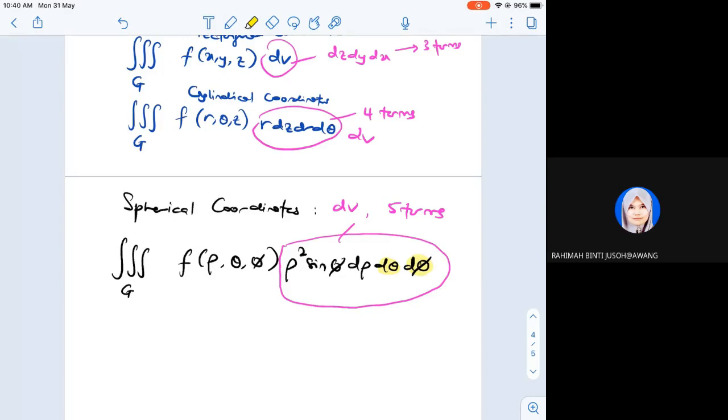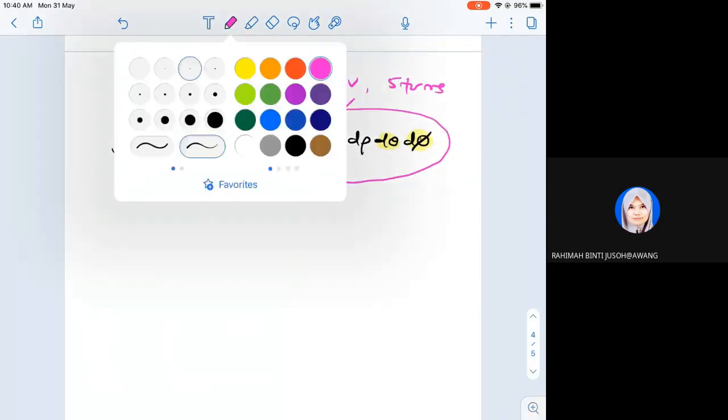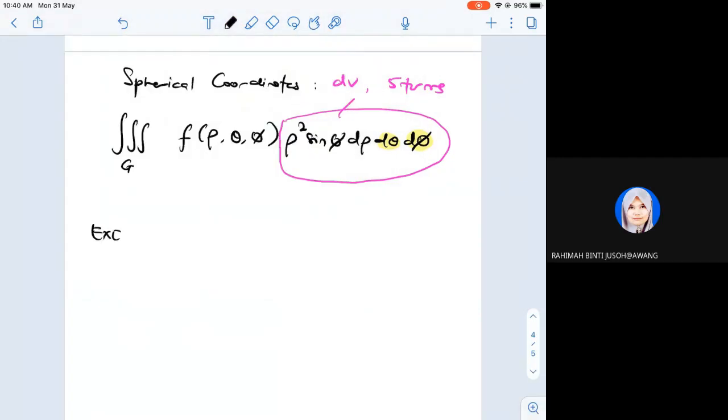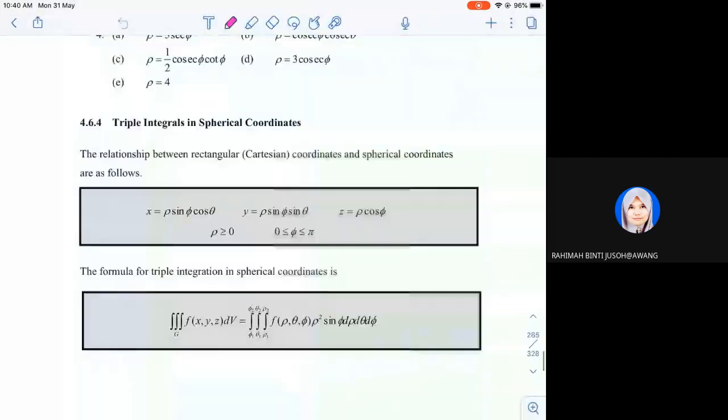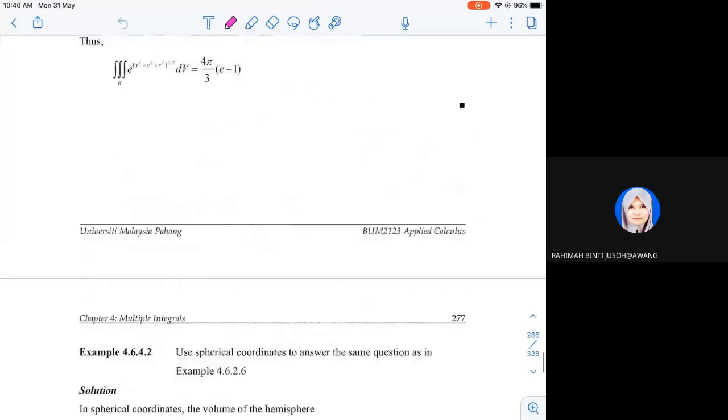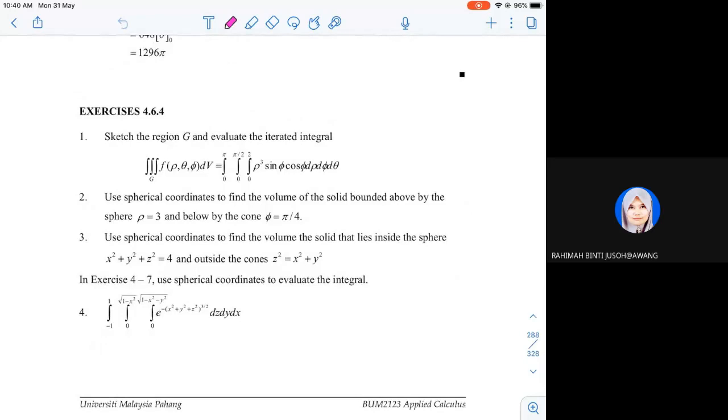So now let's take a look at exercise 4.6.4. We take the easiest one first.